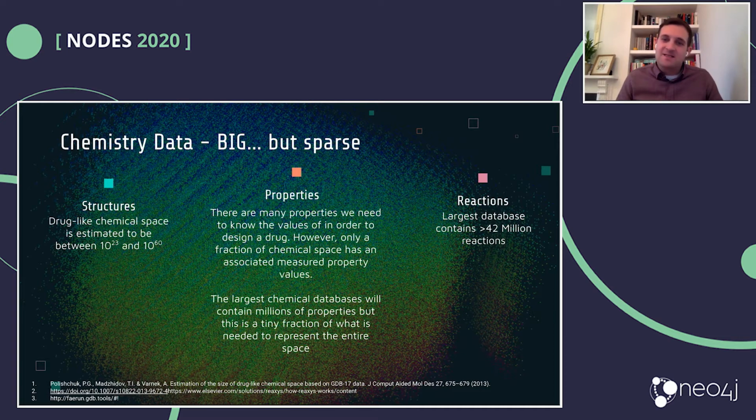In the background of this slide, you might have noticed this very colorful bunch of dots. This is a representation of 10 million molecules that are sampled across the GDB17 database, which is produced by Jean-Louis Raymond's group. What they've done is they've enumerated in a computer every single molecule up to 17 heavy atoms.